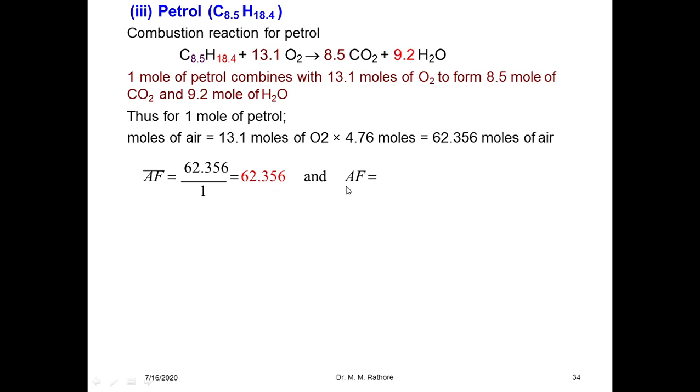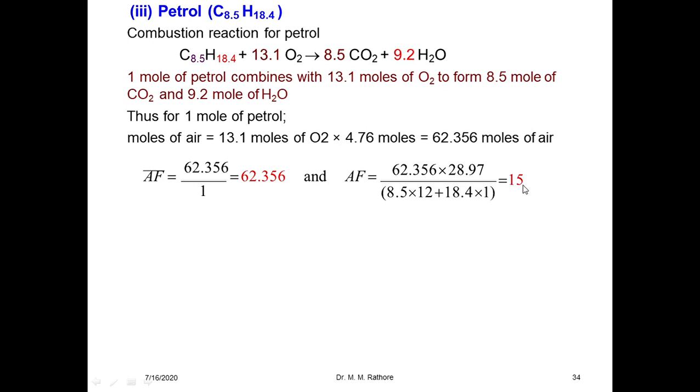But if you find it on mass basis, then you have to multiply on both sides with the molecular weights. For air it is 28.97, while for fuel it is 8.5 multiplied by 12, because 12 is the atomic weight of carbon, plus 18.4 multiplied by 1, the atomic weight of hydrogen.